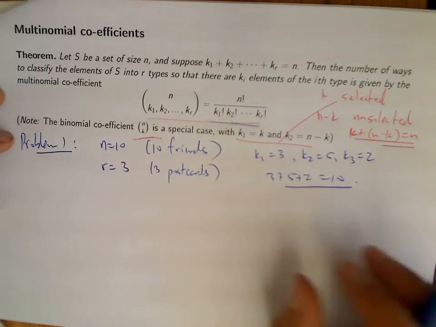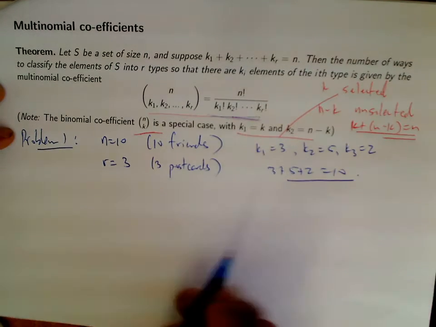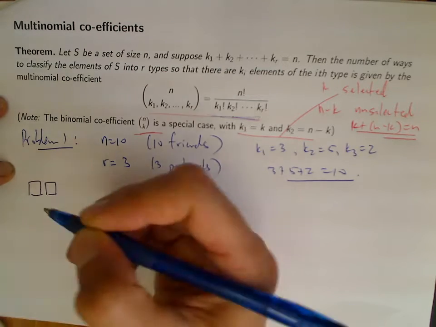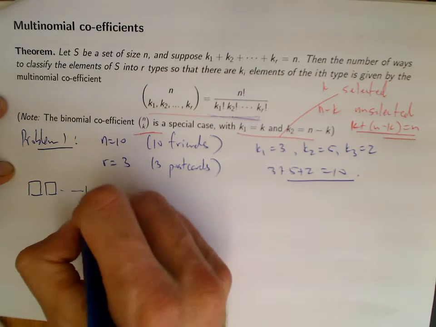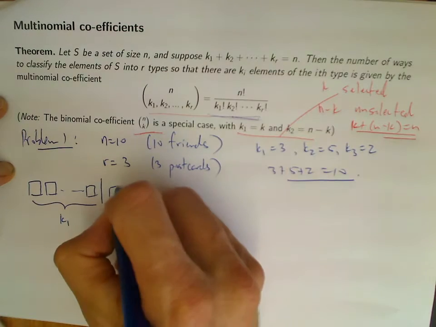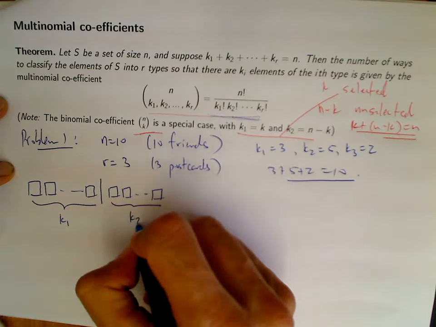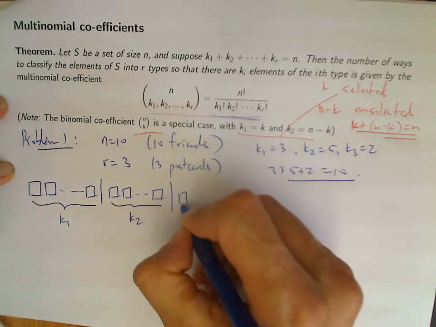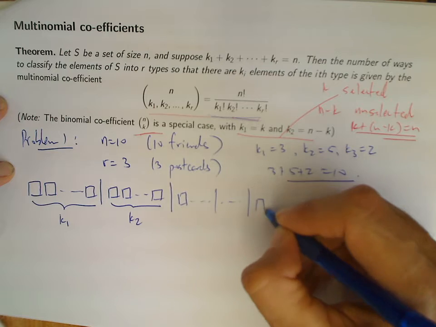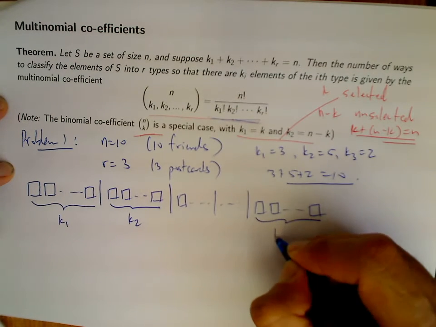And so we can prove it in the same way that we did the binomial coefficient. Right, so we're going to write down n boxes. We're going to write them down in blocks. So I'm going to have k1 boxes, and then I'll have k2 boxes, and then eventually at the end I'll have kr boxes.